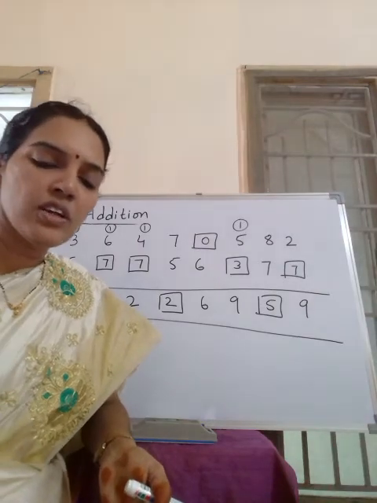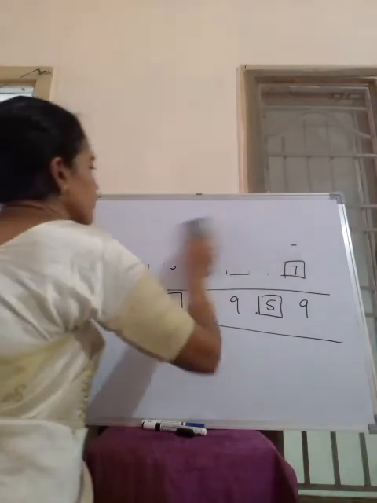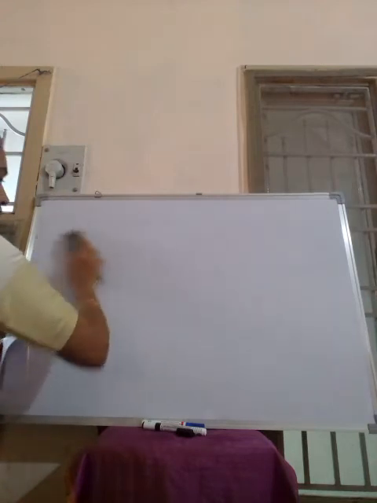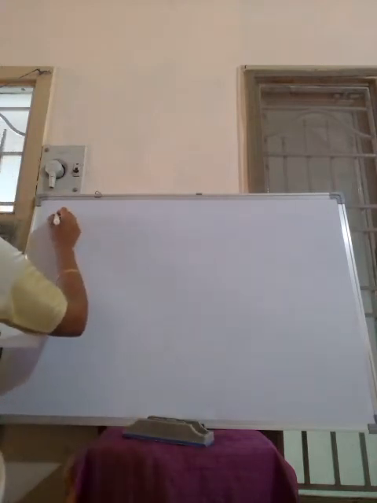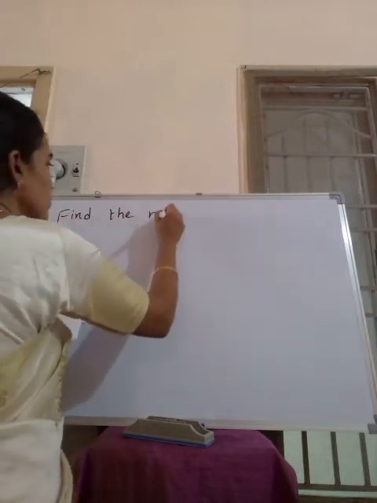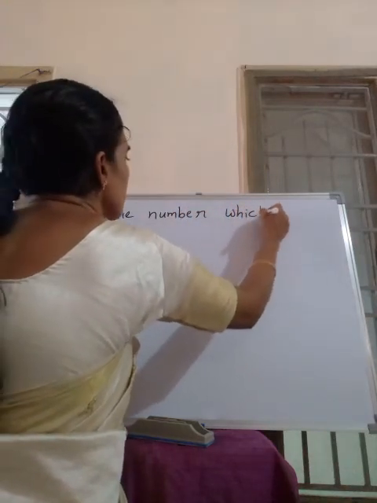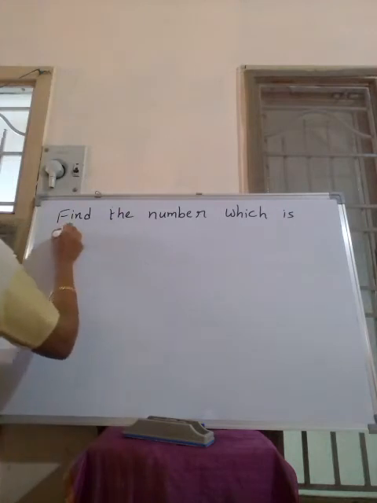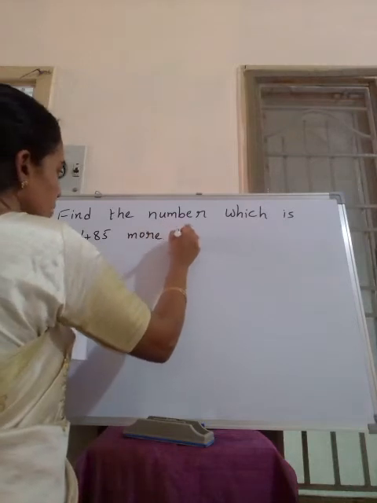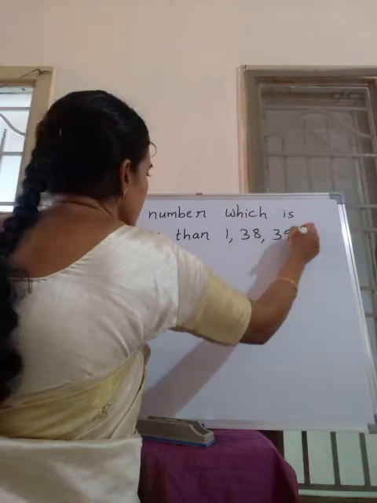Let's see one different word problem. Find the number which is 37,485 more than 1,38,393.